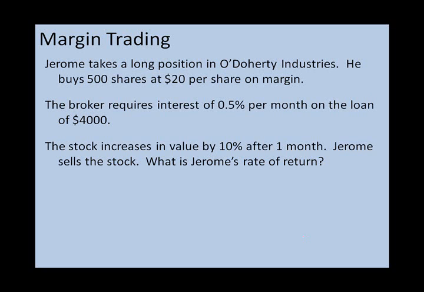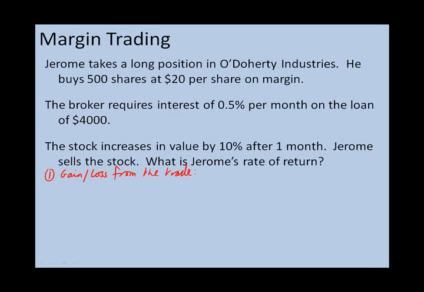What we want to know is, what is the rate of return for Jerome? Now, some people may think the rate of return has got to be 10% because the stock went up by 10%. So let's see if that intuition is correct. So to calculate the rate of return, the first thing we need to do is calculate the gain or loss.